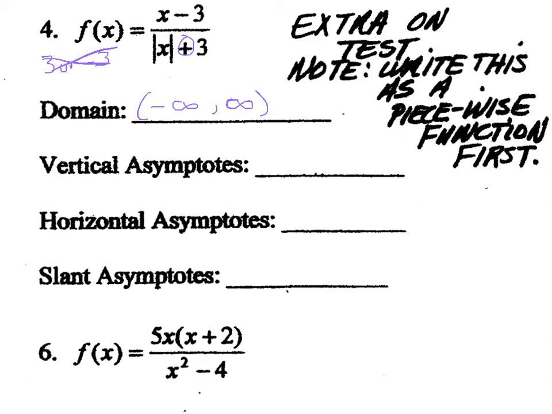Since my domain is negative infinity to infinity, I will have no vertical asymptotes. However, since this is an absolute value function, I will have 2 horizontal asymptotes. Since the degrees are the same, my first horizontal asymptote will be at 1, and my second will be at -1. And since I have 2 horizontal asymptotes, I do not have any slant asymptotes.